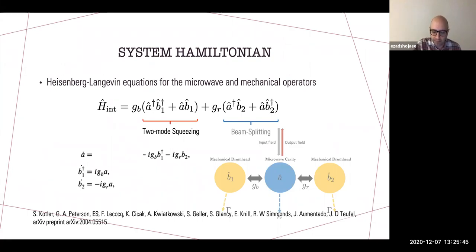But then the fact that the system is open, you are interacting with the environment, under certain assumptions, which are definitely met in our experiment, you can slightly modify this set of equations and end up with Heisenberg-Langevin equations of motion. You will see damping here and a fluctuating noise term, which comes from the fluctuations of the input field. There are some cool relations between this set of equations and the fluctuation-dissipation theorem.